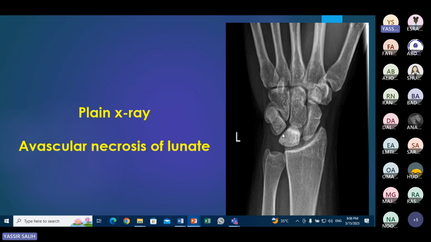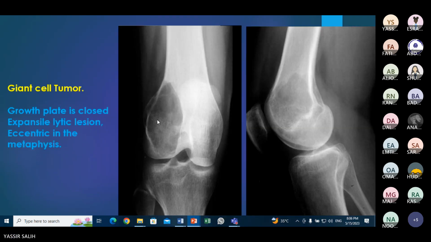This lesion is not sclerotic. Is its density increased or decreased compared to the other normal bone? Decreased. On CT we say hypodense; on X-ray, decreased opacity. Decreased bone density we call lytic areas or lytic lesion.